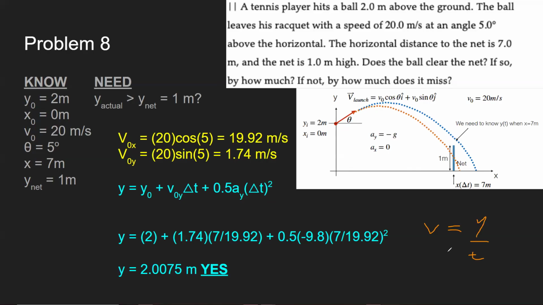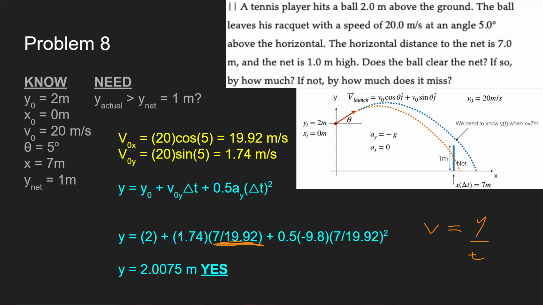We're not going to have a constant y velocity, but we can use this in a situation where you have a projectile like this, you're able to use this formula for the y direction.